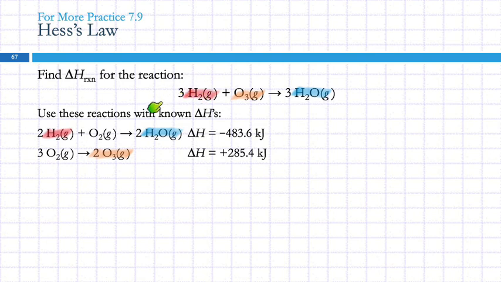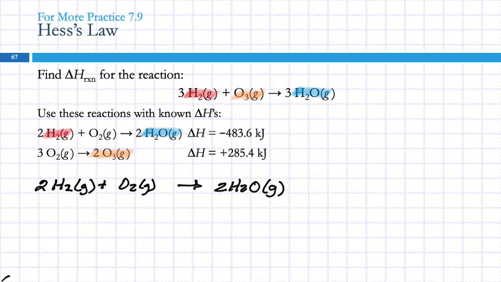So, trying to get this equation, I'm going to choose the one here with hydrogen in it and write it so that hydrogen is a reactant. So 2H2 gas plus O2 gas makes 2H2O gas.